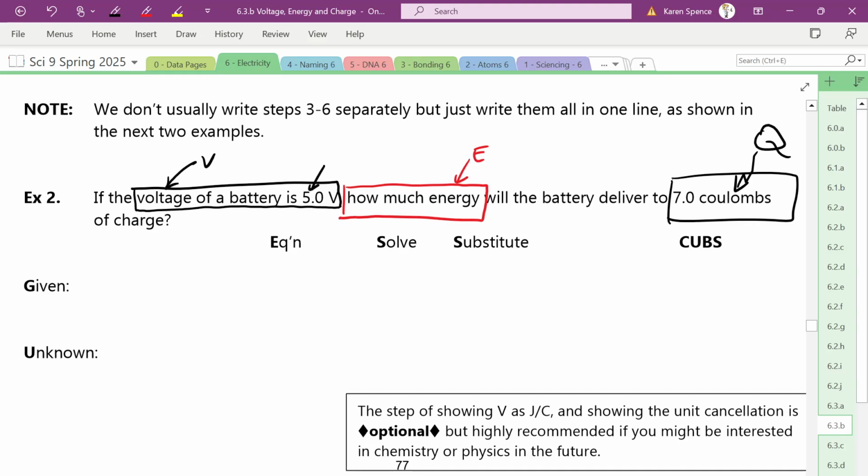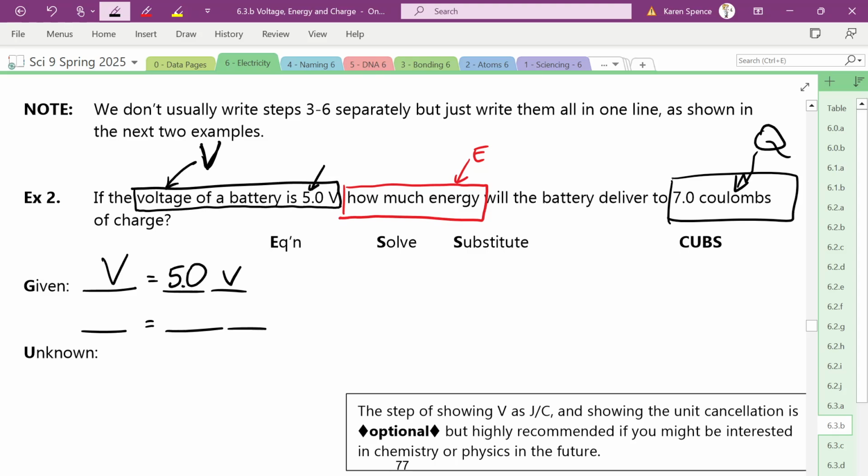So let's start with our given quantities. Voltage. Remember, you're always going to have blank equals blank blank. We are given voltage equals 5.0 volts. I'll try to make that point look like a point. There we go.